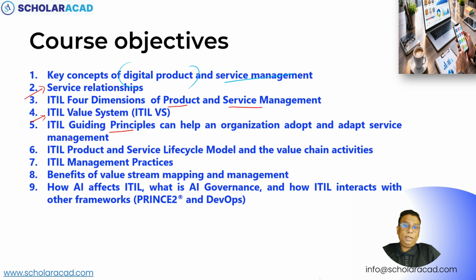Then the guiding principles, which are again important: there are 7 guiding principles that help the organization adopt service and service management. Focus on how we can leverage AI and focus on value, utilize the current infrastructure, service, process, and many more. Thinking holistically. Now, the product and service management life cycle model, which is something new and very important, also focuses on value chain activities, and this is derived from lean management.